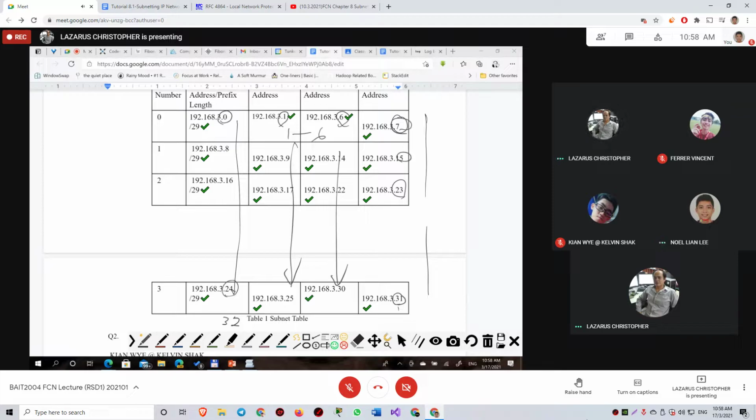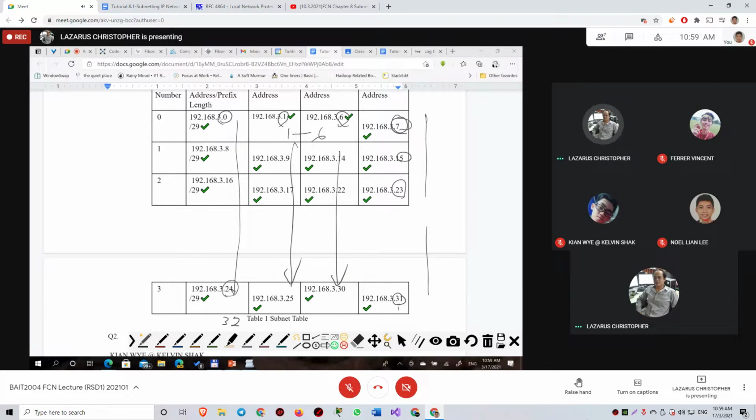Any question? Sir, if we want to subnet a subnet, we have to borrow bits from the host side like that? Yes, subnetting a subnet is the topic of the next tutorial, 8.2. Let's say I want to subnet. I need to choose which available subnet I can subnet.